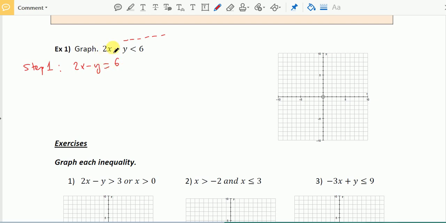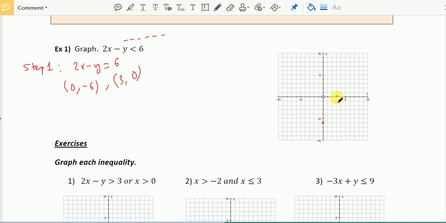The first point: if x is 0, then y is -6, right? The second point: if 2x is 6, so x is 3, then my y should be 0. So I plot those 2 points, (0, -6) here, and (3, 0) here, and then I connect the points.